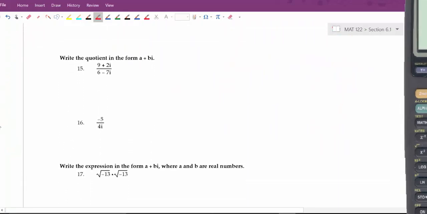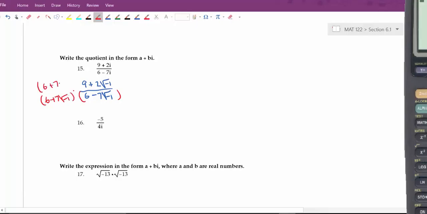Okay, now going through, the next thing I want to do is just remind you of how division works in complex numbers. So what we do is it's actually equivalent to rationalizing a denominator. Technically, this problem can be thought of, remember, i is the square root of -1. So you could rationalize the denominator by multiplying by the conjugate of the bottom, which would be 6 plus 7 times the square root of -1.